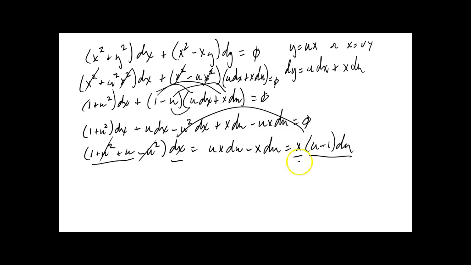Separate the variables. So let's divide both sides by x and divide both sides by this thing, 1 minus u. And this will be 1 minus u. Okay? And those are gone. These are gone. And this leaves us dx over x is equal to, what is 1 minus u over u minus 1?